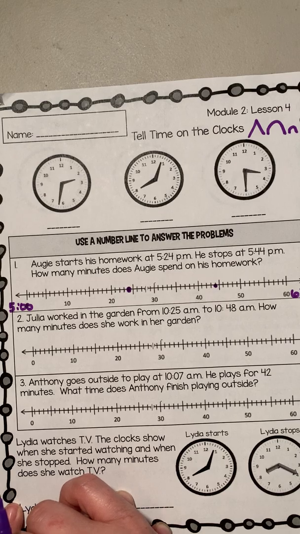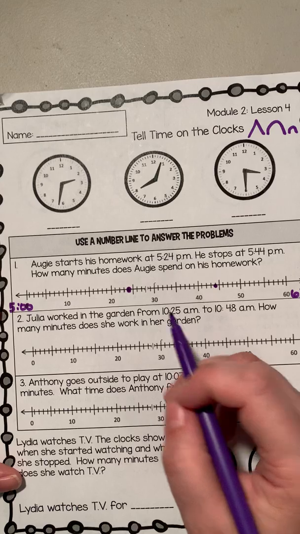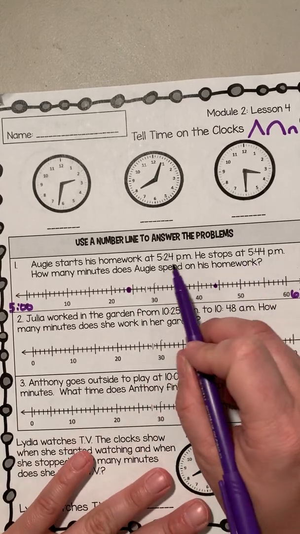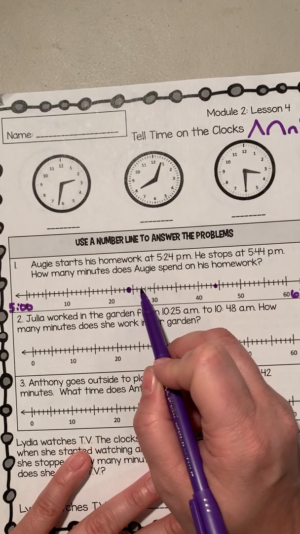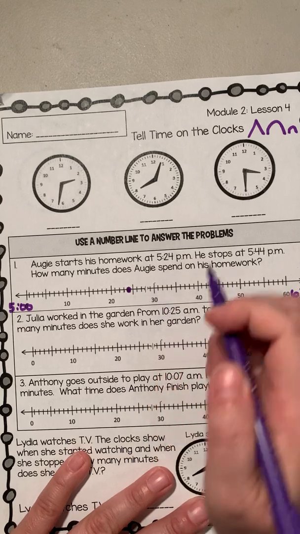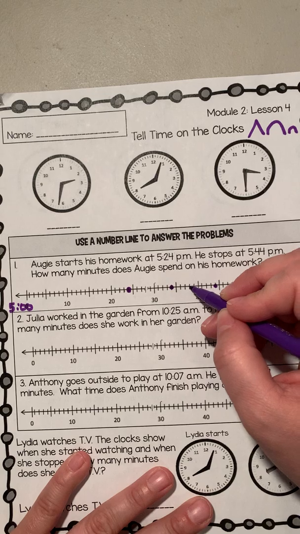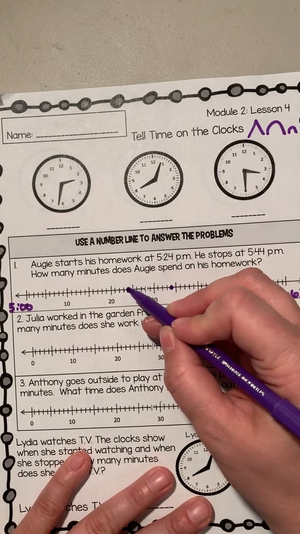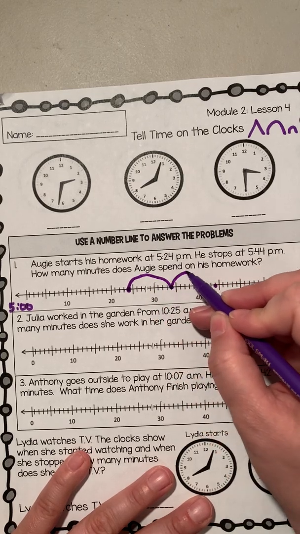Now, I'm actually going to look at this like jumping by tens, because if I look at this, they're pretty evenly spaced. There's a chunk of time between it. So I'm going to see if I can count 1, 2, 3, 4, 5, 6, 7, 8, 9, 10. That's 10 minutes. And then 1, 2, 3, 4, 5, 6, 7, 8, 9, 10. Now, if you wanted to count these, I'm going to hump them together. I'm going to say that's a 10 minute and that's a 10 minute.